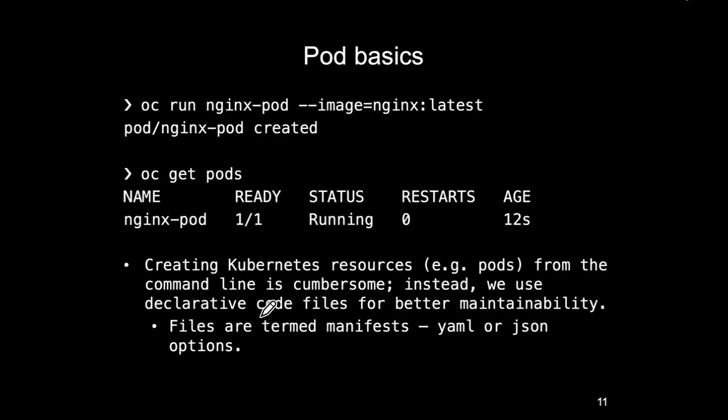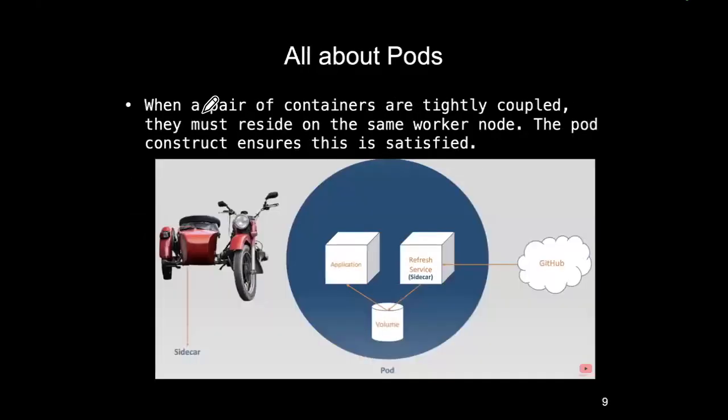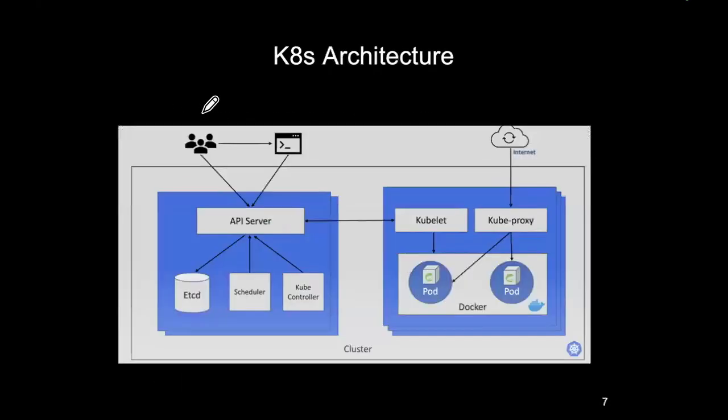If I can just go back for a second, when I ran this command here, OC run nginx, what was actually happening there is, if I go way back to here, OC is the CLI for Red Hat OpenShift Container Platform. That's Red Hat Kubernetes for short. So the OC client is what I was using.